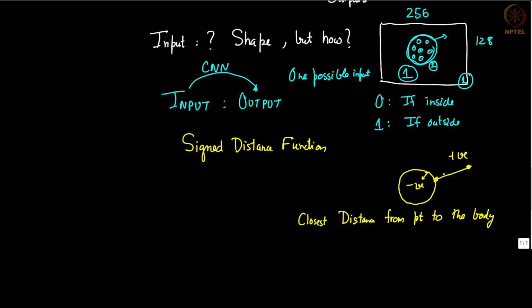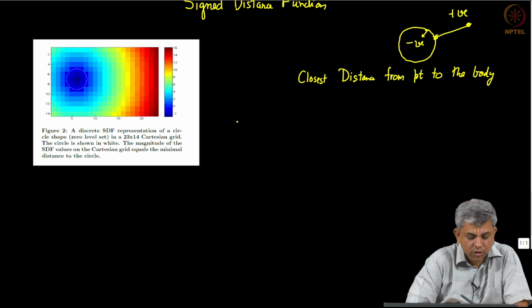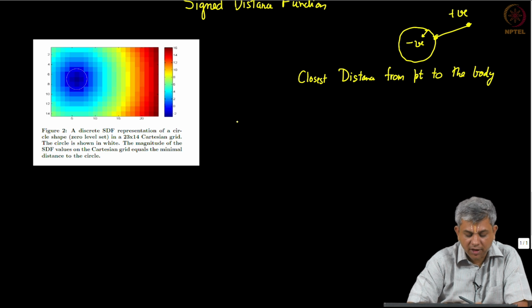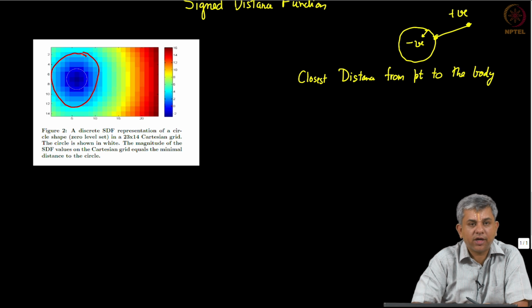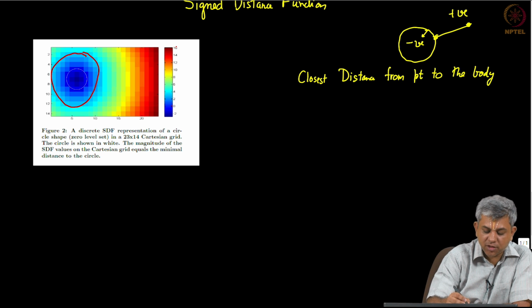Okay, let me show you a contour for this. So, you can see here once again they have drawn this signed distance function exactly for a circle as I have shown here. You can see that 0 distance is this dark blue. So, somewhere here is where the body is, farther and farther away is more and more positive, inside is negative, and you can see this body.